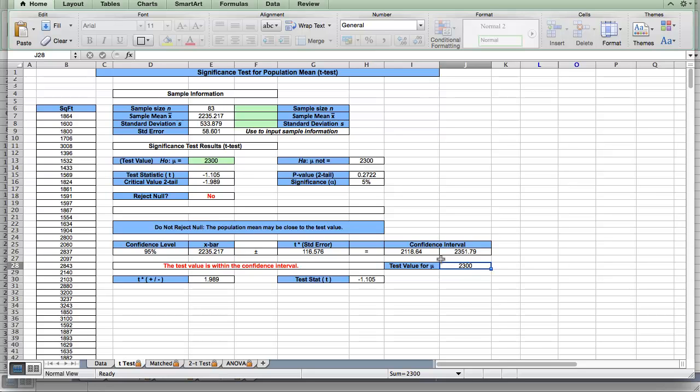Our confidence range includes 2,300 pretty clearly. So what can we conclude here? Well, we can conclude that our sample does not differ significantly from that 2,300. In this case, we might simply say that our sample is pretty good in terms of the square feet.